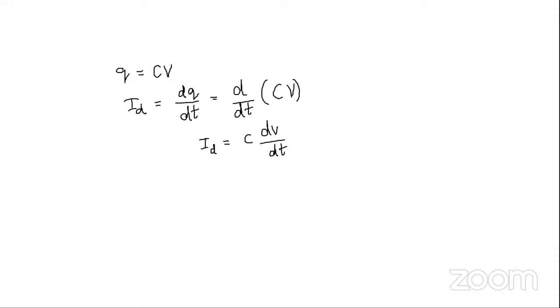And the capacitance for a parallel plate capacitor is given by epsilon naught A by D. So in this case, your ID will be equal to, instead of C, you can substitute epsilon naught A by D, into dV by dt.